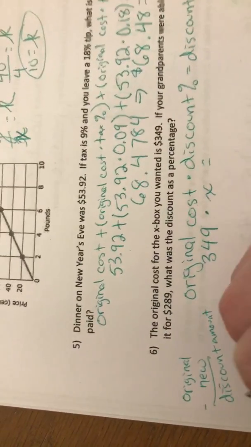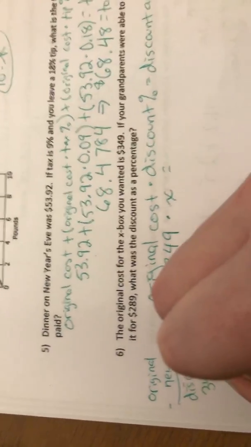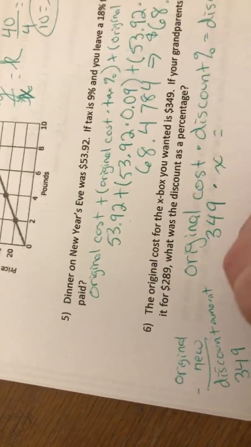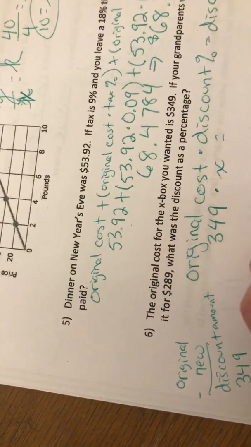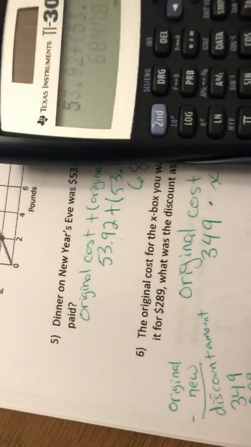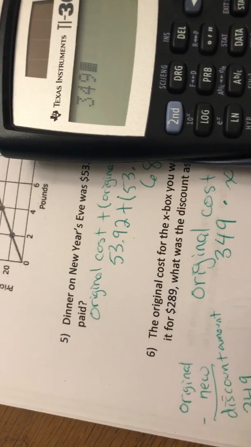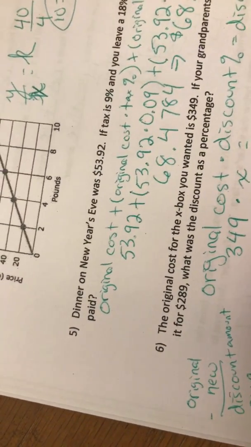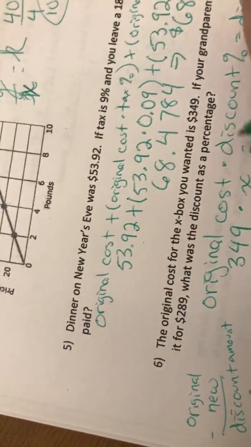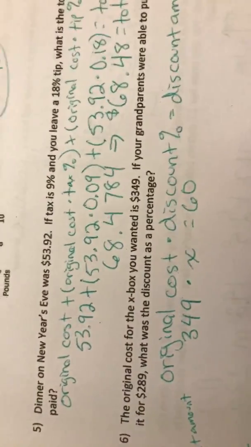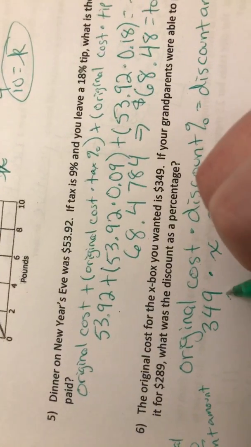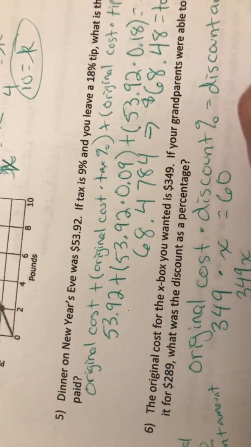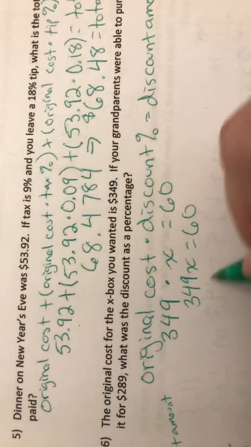Doing the work to the side, 349 minus 289 gives us $60. So I use my 60 back in my equation, and that's 349x equaling 60.